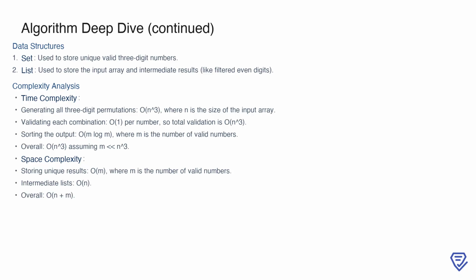For space complexity, the set storing valid numbers requires m space, and the intermediate lists require n. Combining these, the overall space complexity is n plus m. This efficient use of time and space ensures that the algorithm performs well even for moderately large input sizes.